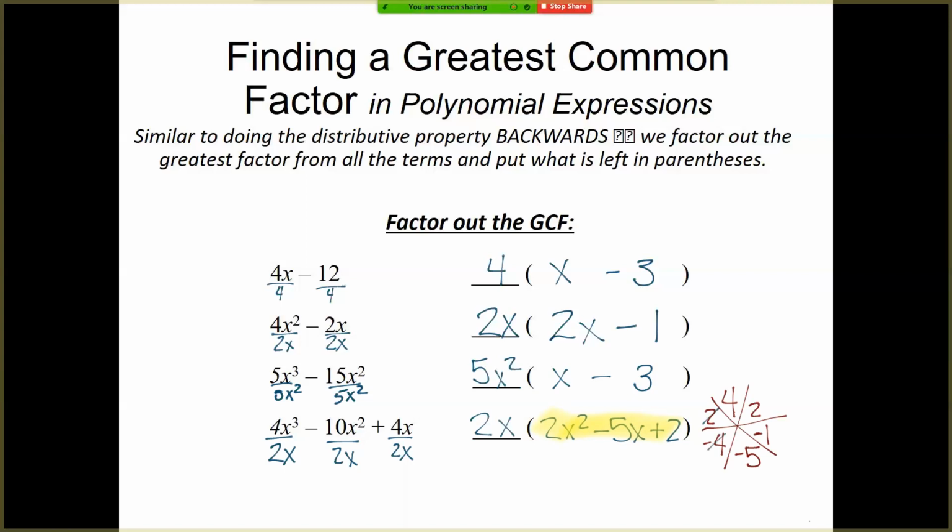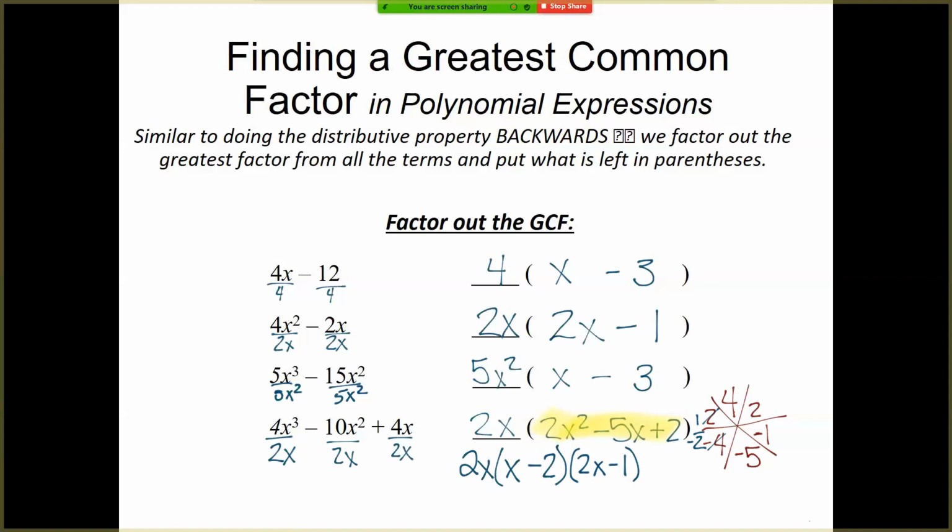I can, however, reduce the 2 and the -4. So that gives me factors x minus 2 and 2x minus 1. So that one we can actually factor a step further.